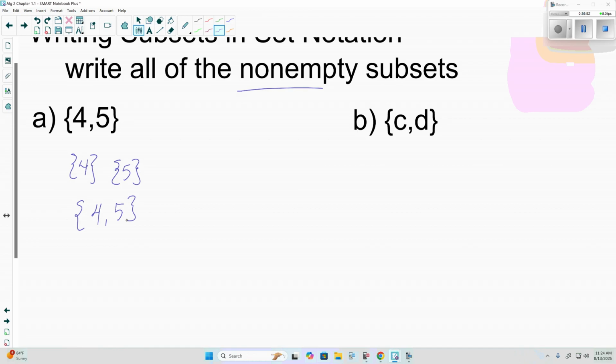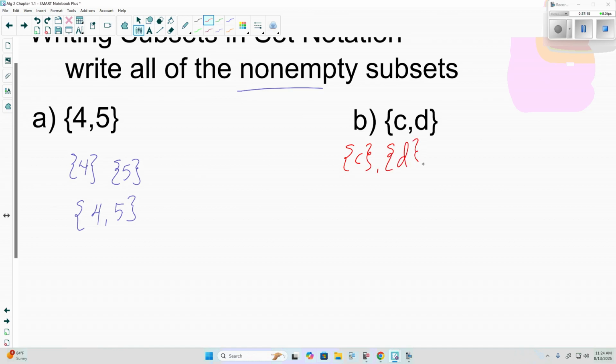So here we can have a set containing 4, because that is a subset of 4, 5. We can have the set containing 5, because that is indeed a subset of 4, 5. Or we can have the set itself, 4, 5. Questions on this so far? So let's look at the next one, C, D. What's one of the subsets? C. What's another one?